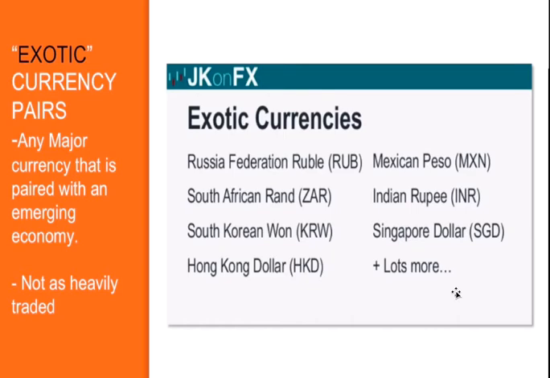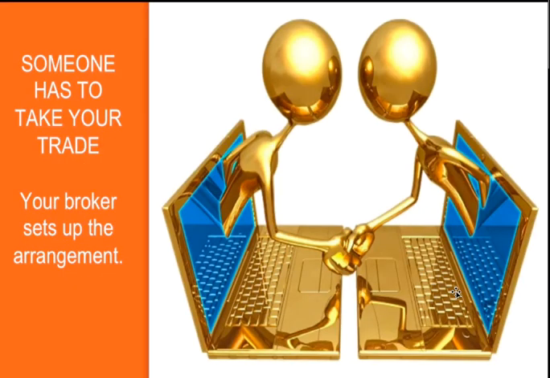They are not so heavily traded, but of course they are traded as well. Some exotic currencies are the Russian ruble, the South African rand, the South Korean won, the Hong Kong dollar, the Singapore dollar, Indian rupee, Mexican peso. Anytime you pair them with the major currencies of the world, you get what we call exotic pairs.